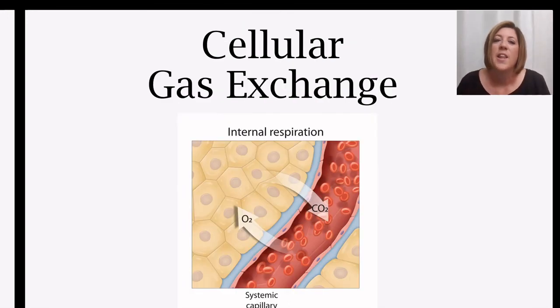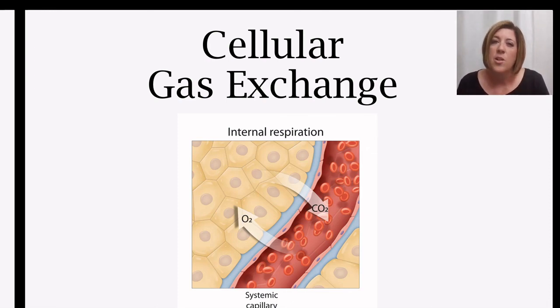So once that oxygen reaches every cell in the body, then cellular gas exchange occurs. You may also hear this called internal respiration. So what we talked about earlier was gas exchange in the lungs, and that would be called external respiration or external gas exchange, because you're getting the oxygen from the external environment and you're expelling the CO2 to that environment.